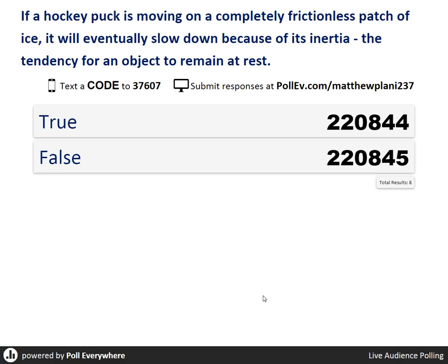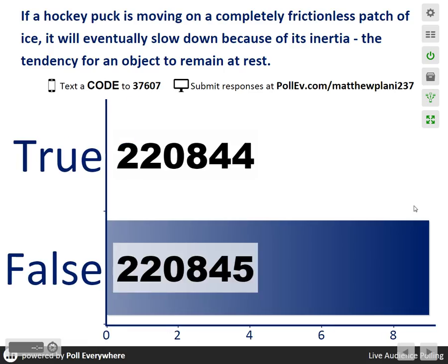Give it another second here. All right. Results reveal. Okay. So, good. We talked about that inertia actually encompasses 2 things, right? Correct answer to this is false. That is a false statement. Inertia actually encompasses 2 situations.